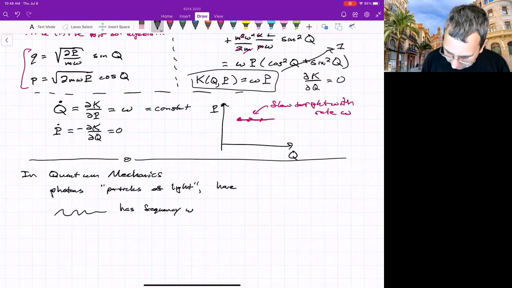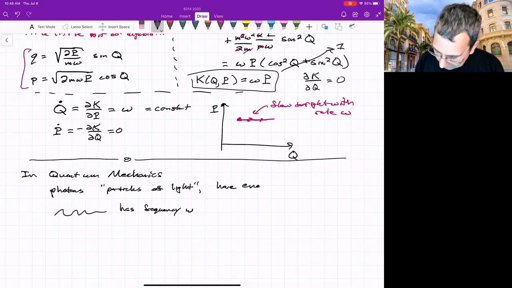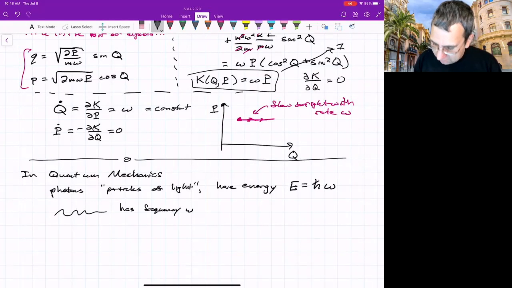It has a frequency omega. And these photons have an energy E, which is h bar times omega. Or maybe writing it more suggestively, omega times h bar. If you compare with what we've got up here, like, oh, huh.